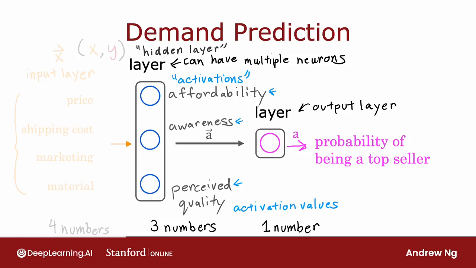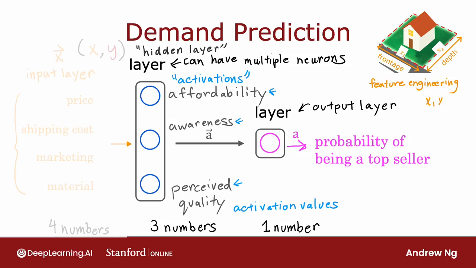In fact, you might remember from the previous course, this housing example where we said that if you want to predict the price of a house, you might take the frontage or the width of a lot and multiply that by the depth of a lot to construct a more complex feature, x1 times x2, which was the size of the lot.